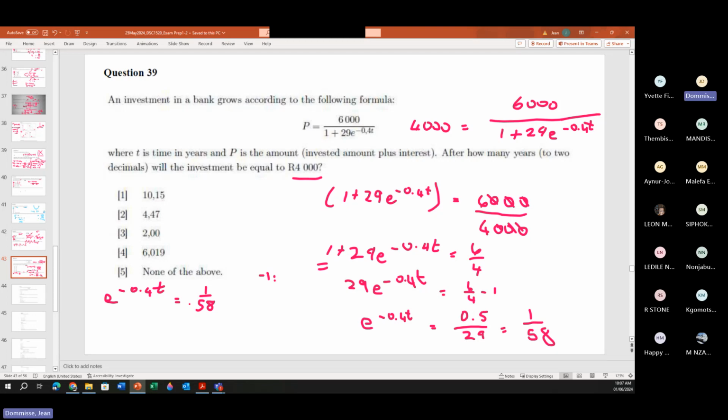Now what one can do is take the log of e to the power of 0.4t, and take the log on the other side. So we're basically doing log of one, log of the other one.